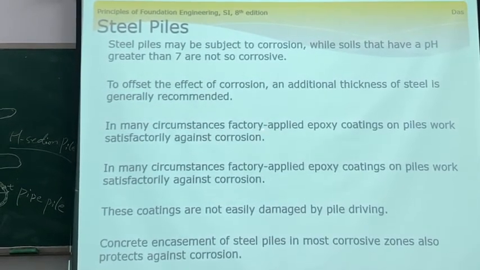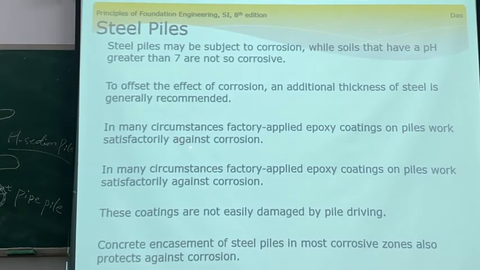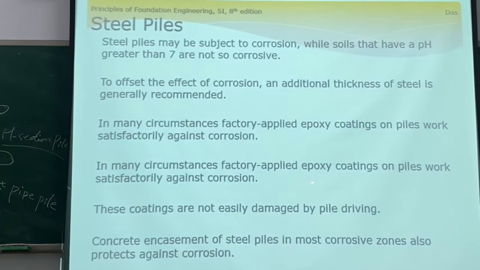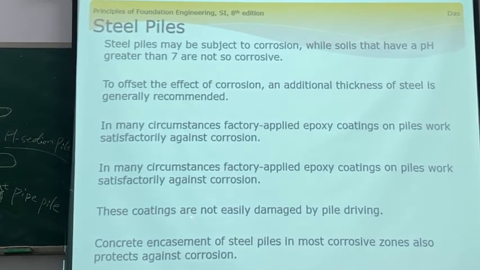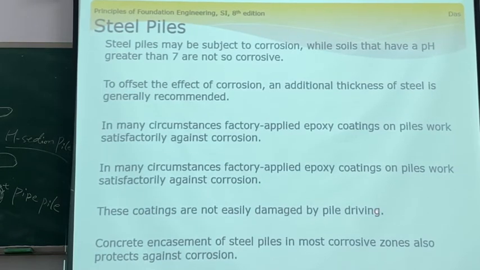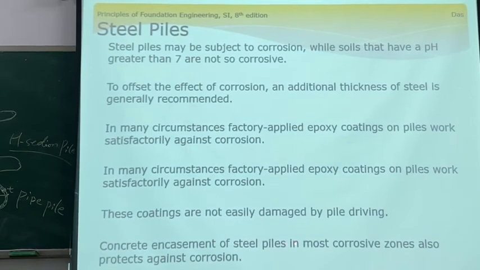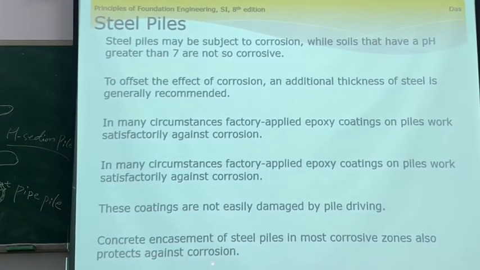Concrete encasement is a factor because on pipe piles it protects against the corrosion; concrete filling is common for pipe piles. These are not easily damaged by pile driving. So concrete encasement of steel piles in most corrosive zones also protects against the corrosion.